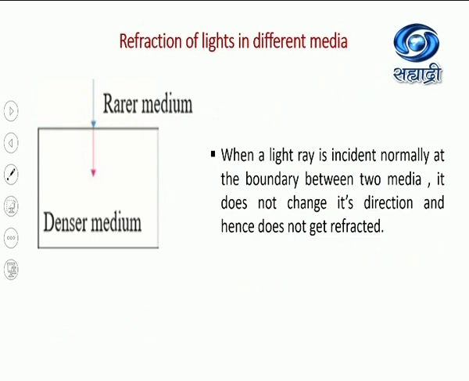When a light ray is incident normally at the boundary between the two media, it does not change its direction. It passes straight as it is and hence does not get refracted.